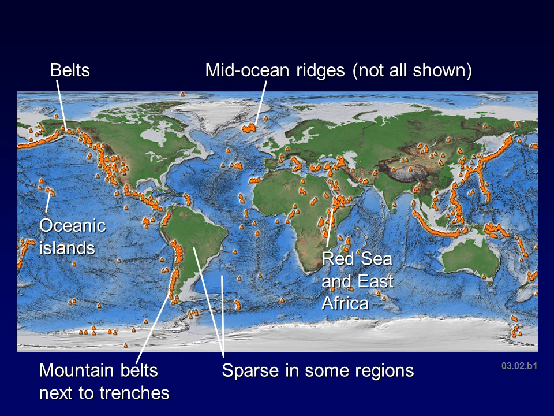And again, just like with earthquakes, they're sparse in some regions, so we don't find volcanoes absolutely everywhere. We find them in some specific places. And lastly, we find island arcs next to trenches. Okay, we will find volcanoes in island arcs next to trenches.